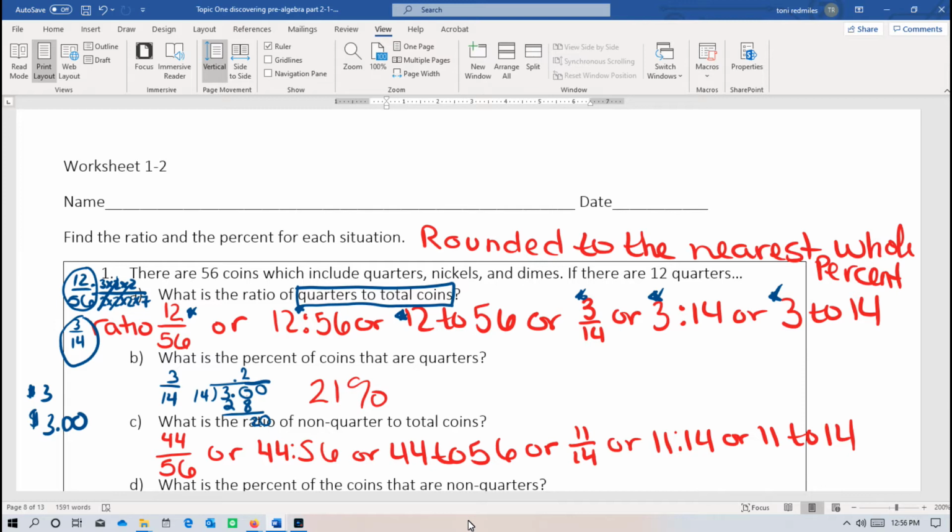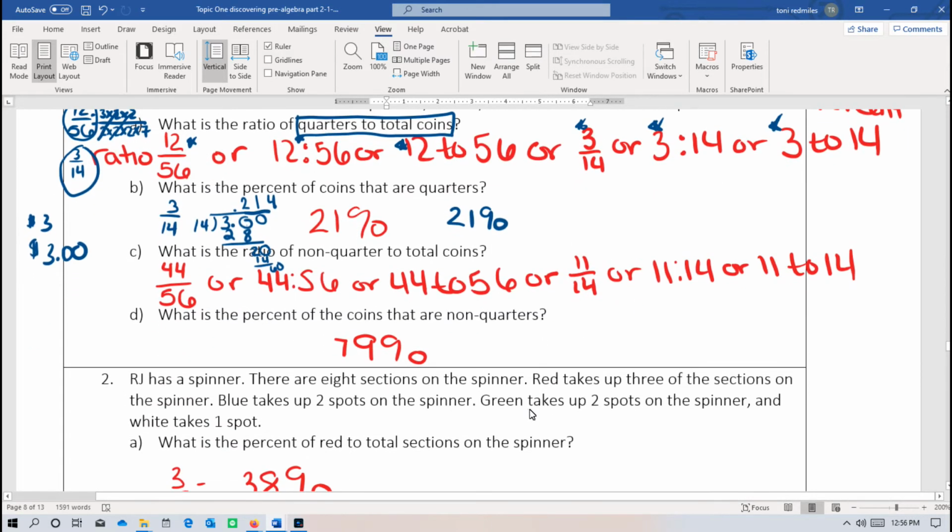They may not look the same, but they're equivalent values. 14 can go into that 1 time. I need to round to the nearest percent. So I'm going to do this one more time, and it's going to be 4. 4 does not round that 1 up, so it's just going to stay as 21%.